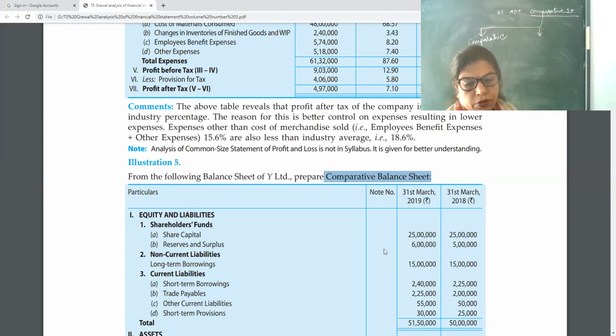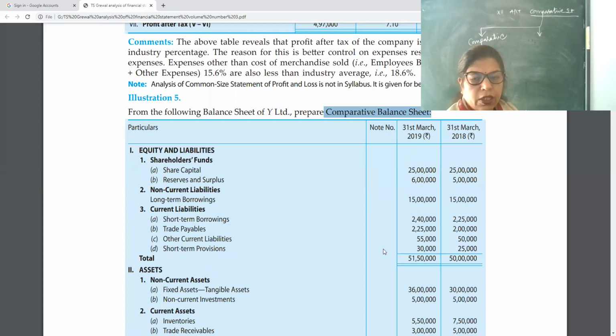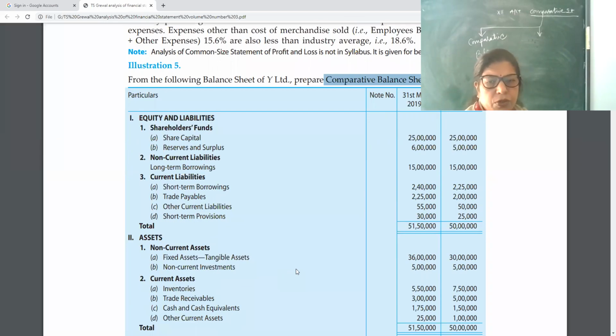Total is given. Please note down. Then the asset side. See, I just now told you everything will be given. You have to convert it. NCA, CA. See here, the value of fixed assets is increasing from 30 lakh to 36 lakh. The value of non-current investment is not going to change. That is 5 lakh to 5 lakh.